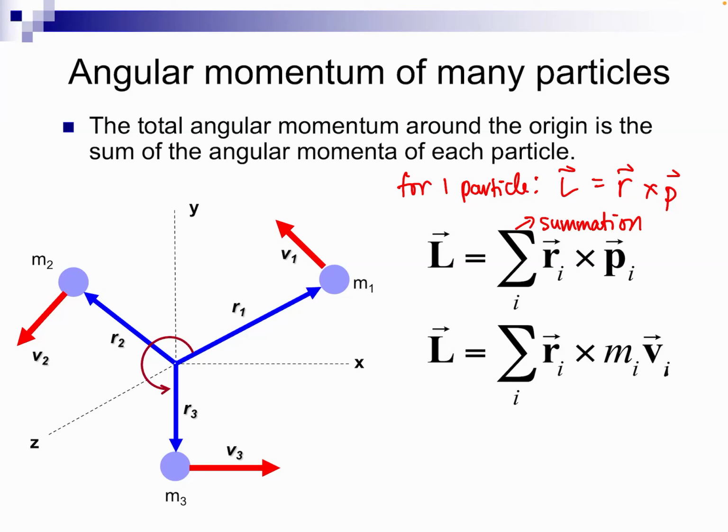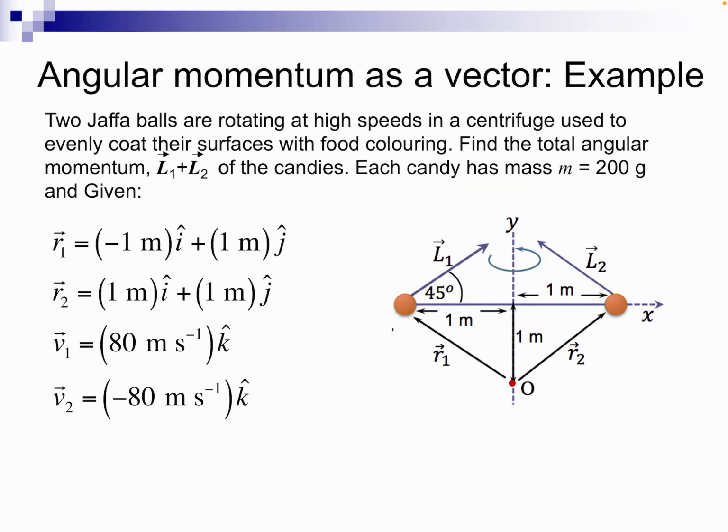Okay, so let's look at an example to apply cross products to find the angular momentum of, in this case, 2 particles. So 2 Jaffa balls are rotating at high speeds in a centrifuge to coat their surface with food coloring.